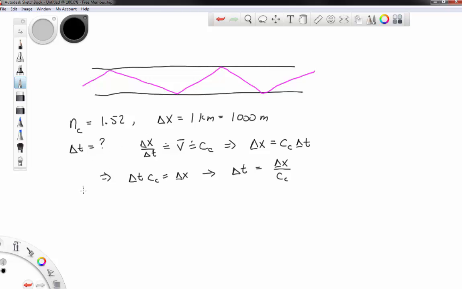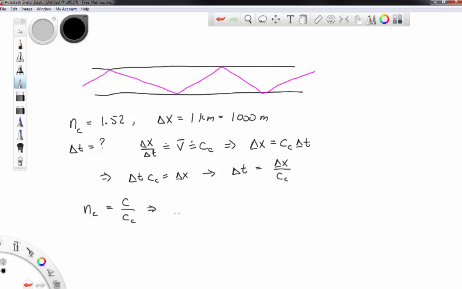So we need to know what speed the light is traveling at. Now, again, we have this equation that says that the refractive index is equal to the speed of light in vacuum divided by the speed of light in a medium.